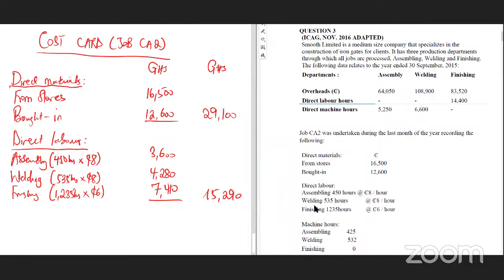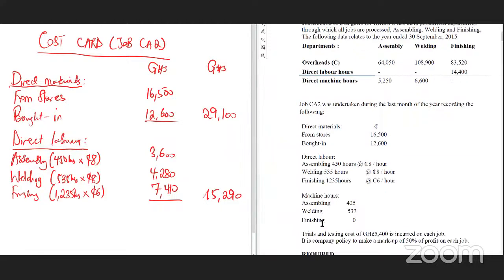Now, I think we need our production overheads. If you see, we have trial and testing cost incurred in each job, and this is a specific job. So my question is, is this cost related to job CA2 alone and each and every job? Yes. So it can be directly traced to the creation of one job, making it a direct cost, right?